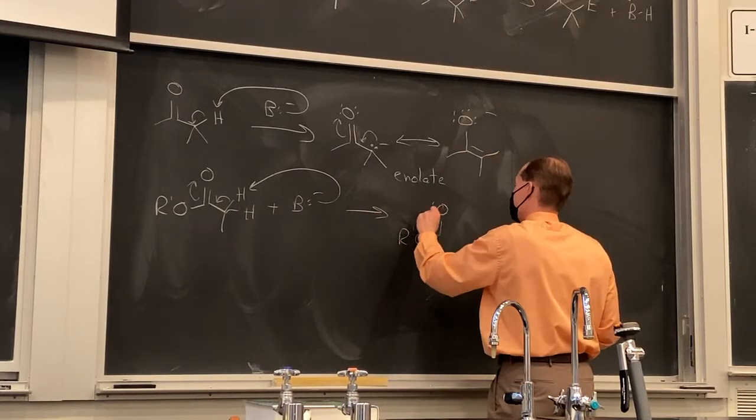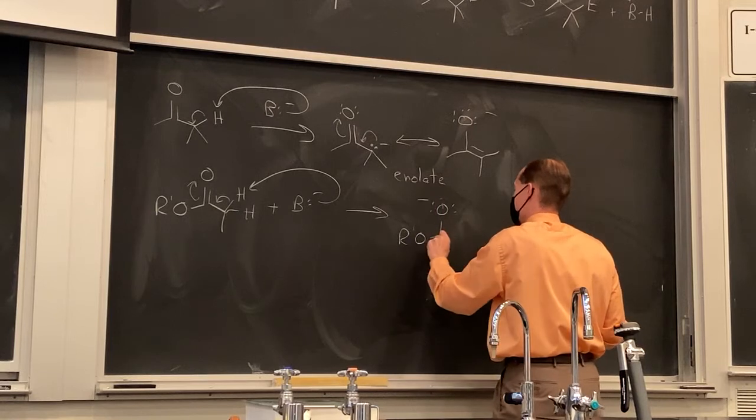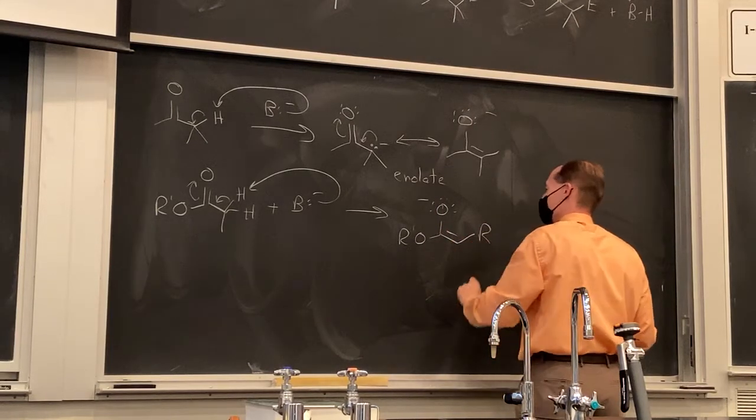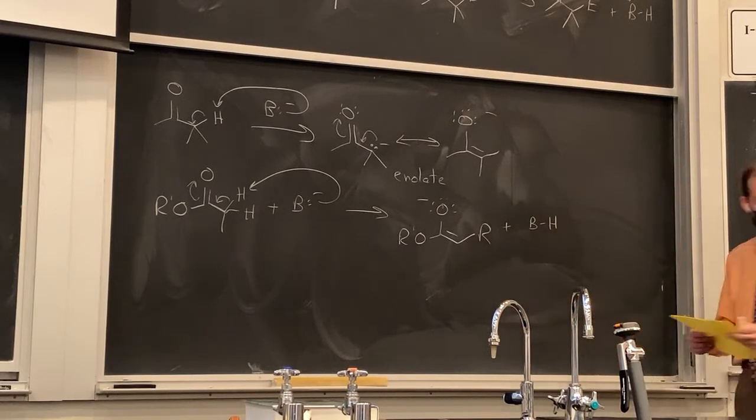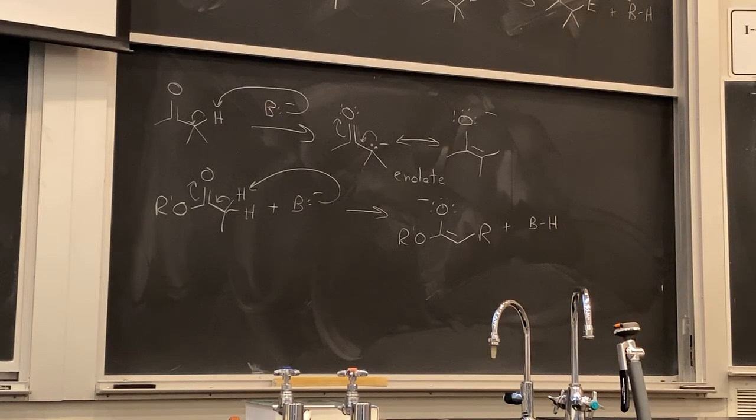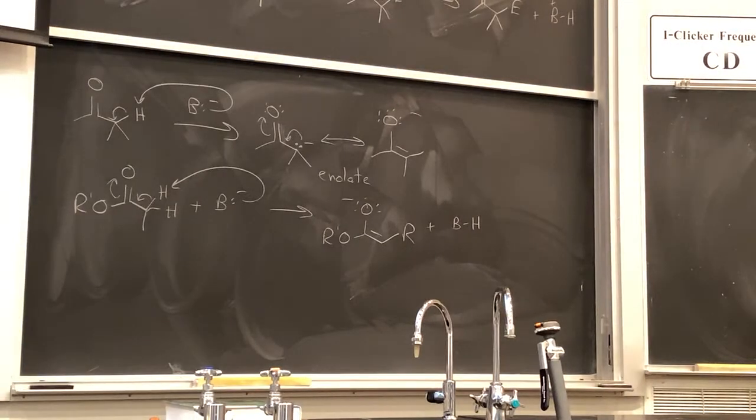We can make an enolate from an ester. So conveniently, we've drawn the enolate of the ester right below the enolate of the ketone. Take a look at those two enolates. Is one going to be more stable than the other? And if so, why?